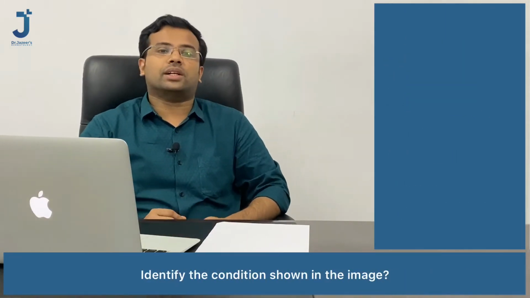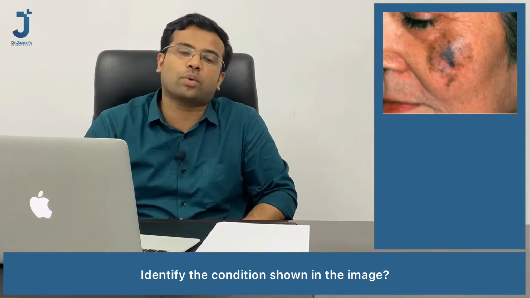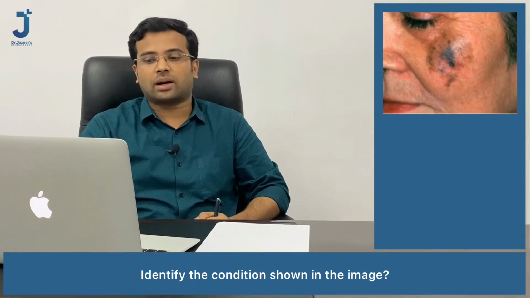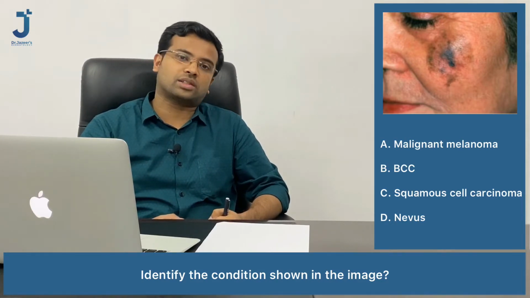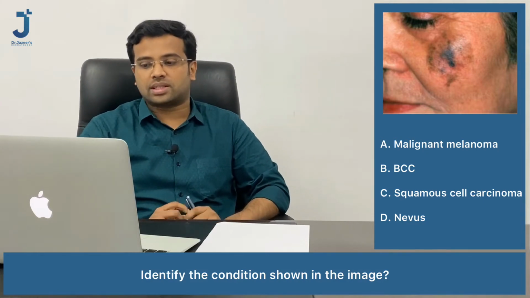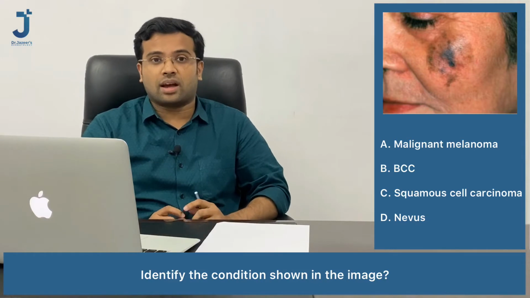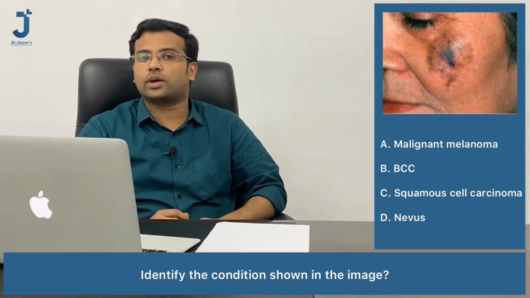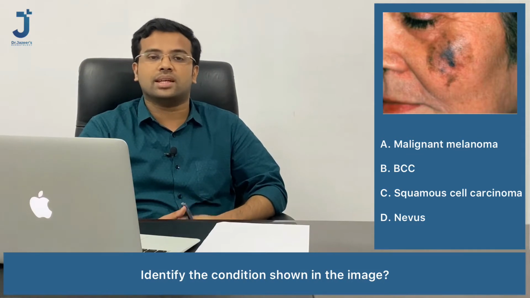So now let's see the next question. Identify the condition shown in the image. This is a spotter and they are asking for the spot diagnosis. The options are malignant melanoma, basal cell carcinoma, squamous cell carcinoma and a nevus. Just concentrate on the image: any black colored mole having some kind of irregularity or asymmetry, we are going to evaluate with the ABCDE algorithm.